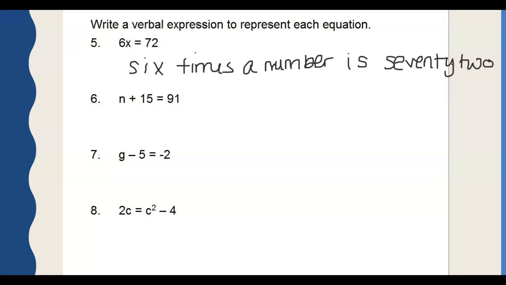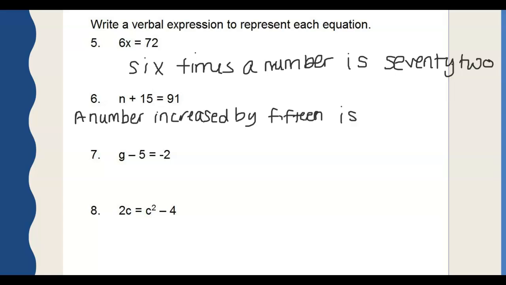Okay, number 6, you could say a number increased by 15 is 90. Oops. No E in there.